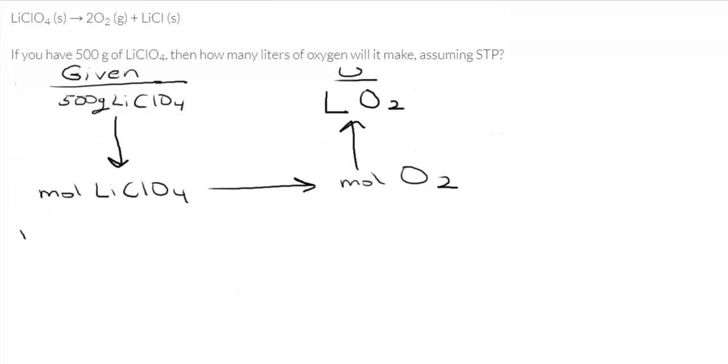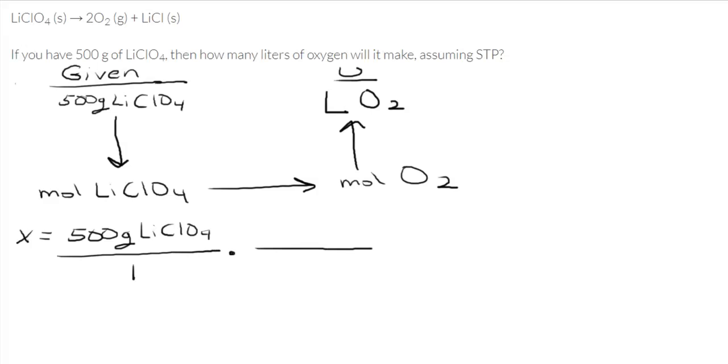Same steps as always. X equals given over 1. Don't forget to include the substance, times sign and a line, and I just follow my arrows. From grams of lithium perchlorate, I go to moles of lithium perchlorate, times sign and a line.